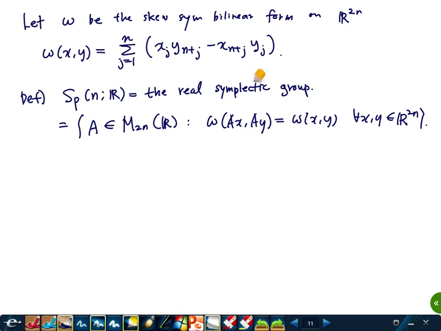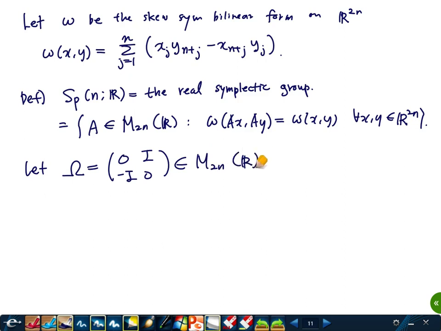We can rewrite this condition using a matrix. Let capital Omega be this 2n by 2n matrix. Then this bilinear form can be written in this way.